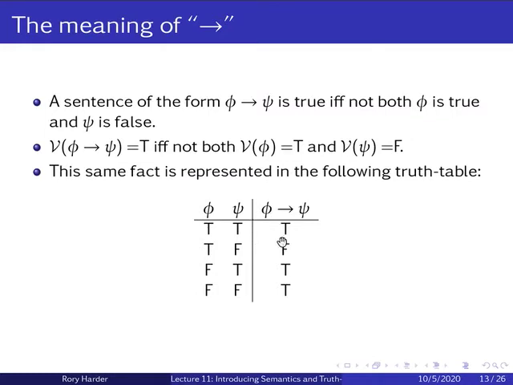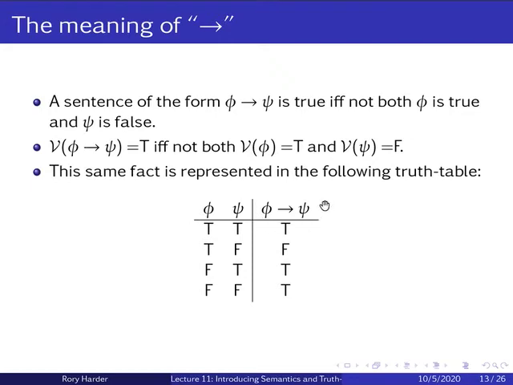The one and only case in which a conditional is false is when the antecedent is true and the consequent is false. So in the second row, we have the antecedent true and the consequent false. And that is the case in which the entire conditional is false. That is a case in which phi is true and psi is false.